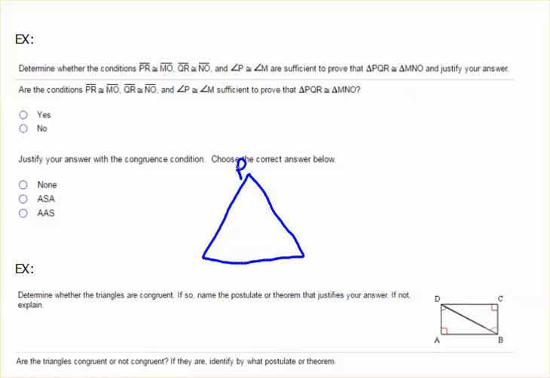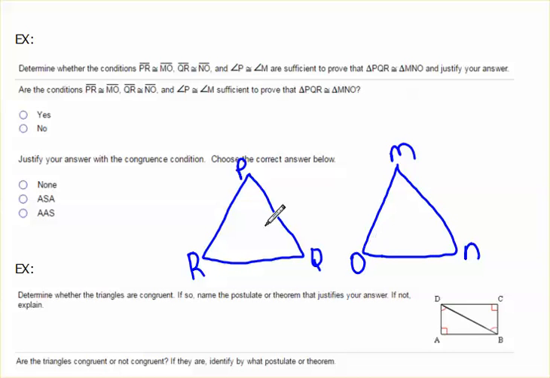So we have P, Q, R, and the next triangle here would be M, N, O. Now they said side PR is congruent to side MO, QR is congruent to NO, and angle P is congruent to angle M. So we know that much.